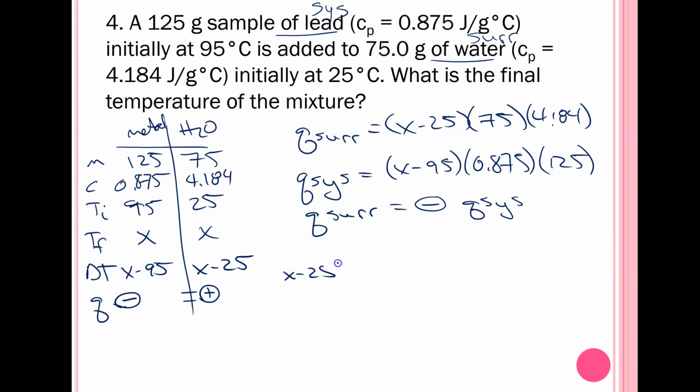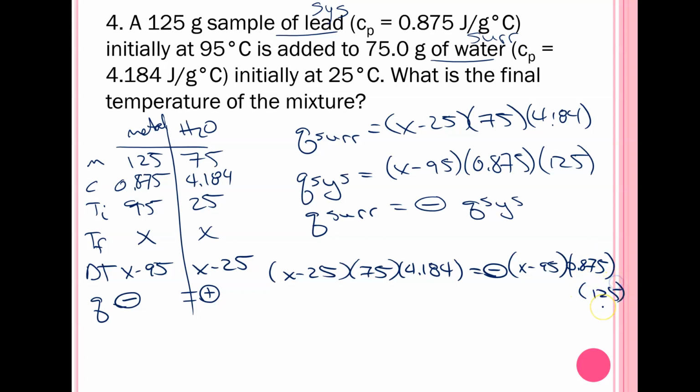X minus 25 for my water times 75 times 4.184 equals negative, and you got to put that in there, X minus 95 times 0.875 times 125. Okay, you have to be careful with your algebra.